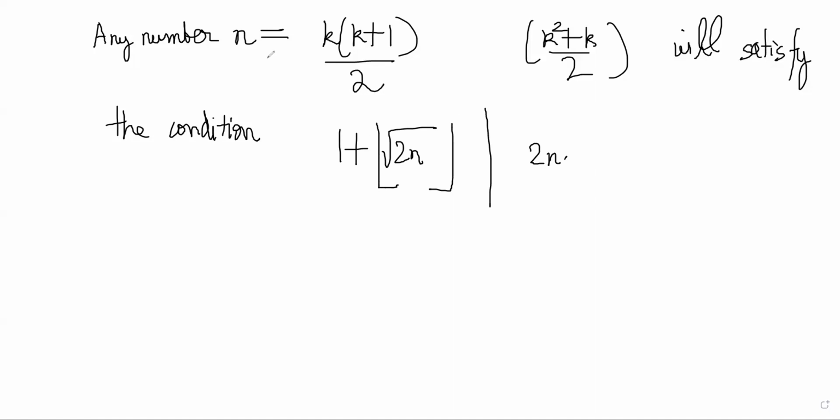Because 2n was k square plus k, and GIF of root of k square plus k here was equal to k, and we got 1 plus k divides 1 plus x, right?